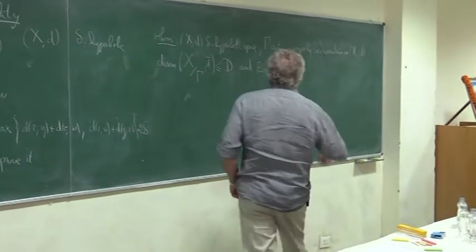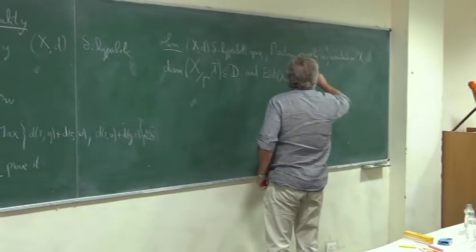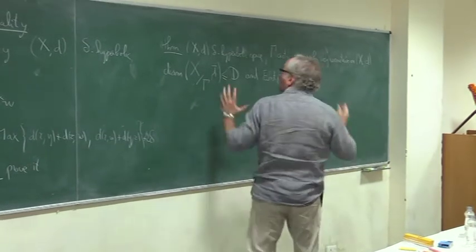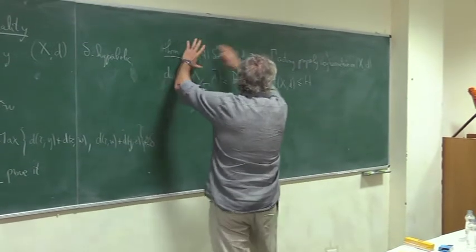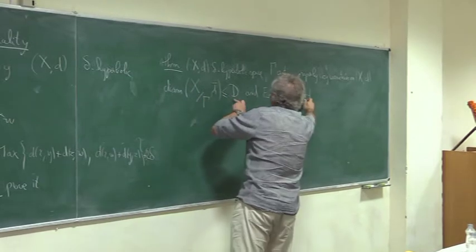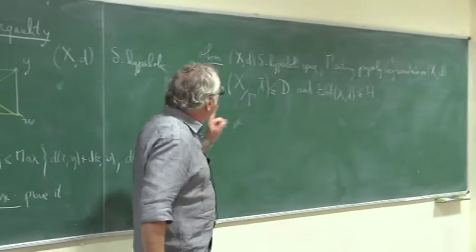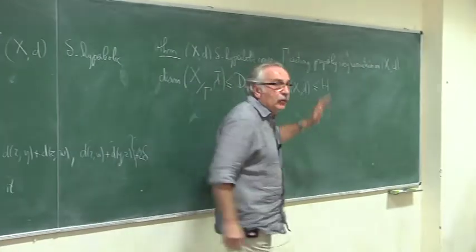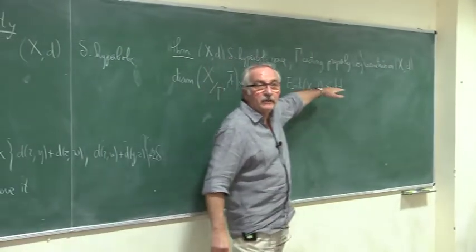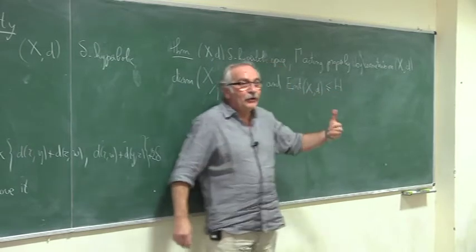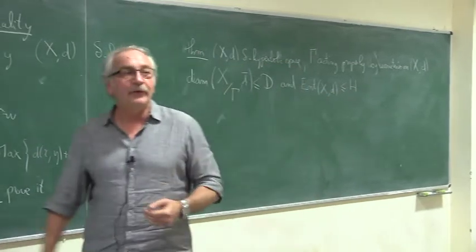And so I assume that this is bounded above by some number, because I want to study the class of metric spaces satisfying all this and get information only using these two invariants. I recall that yesterday I tried to explain, I hope I convinced you, that this is a very weak version of the lower bound on the Ricci curvature.